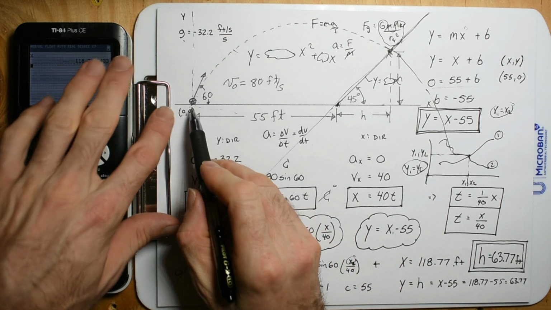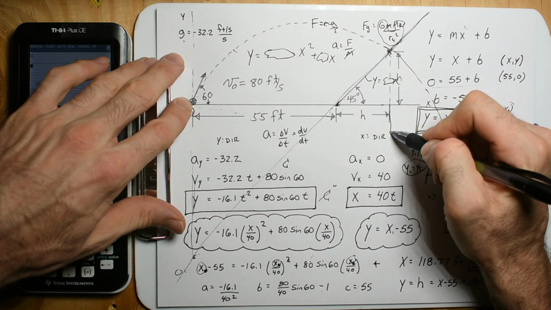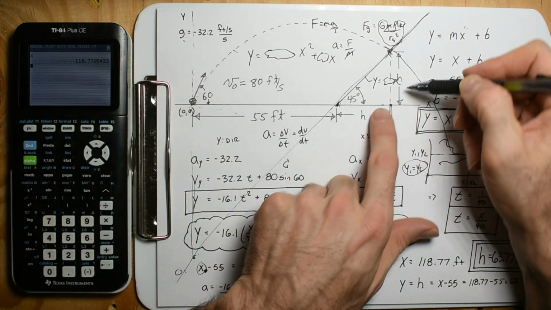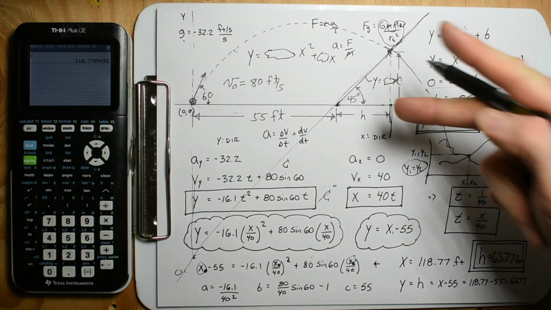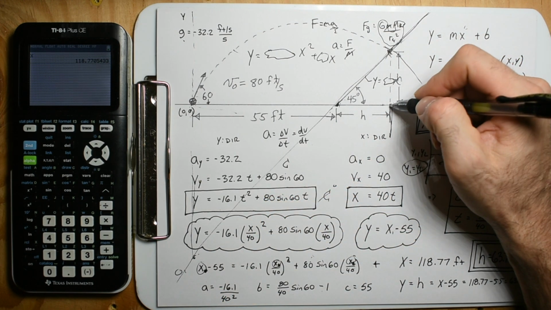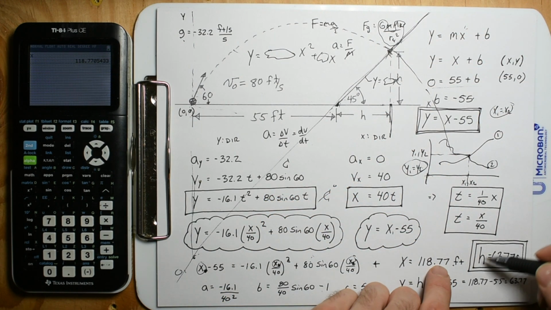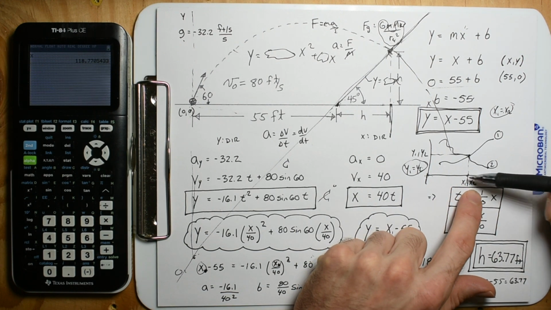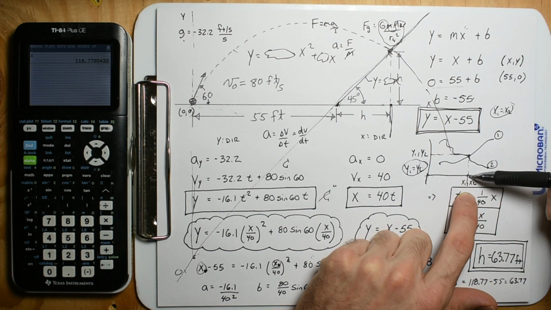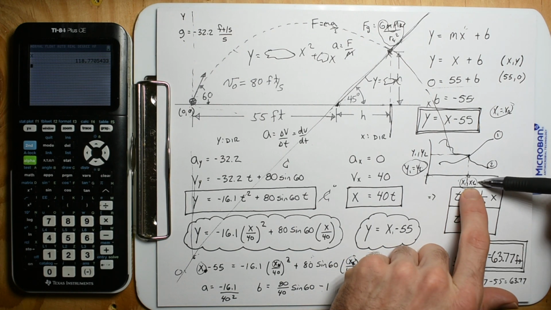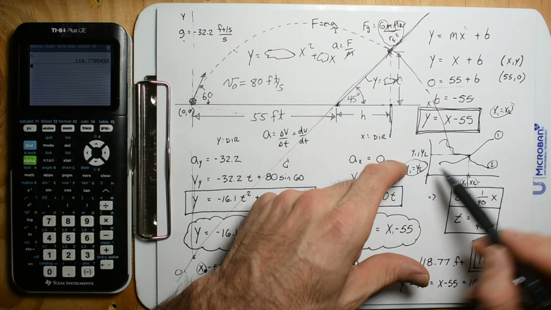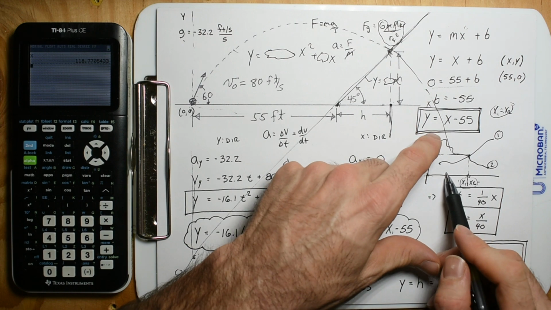Now that's the value from here all the way to this x coordinate, and I want to know my y coordinate. There are 2 different ways to do that. I've got 2 equations, and if I throw in this x, both of these x's are the same, so I can use that x in this y1 equation or this y2.